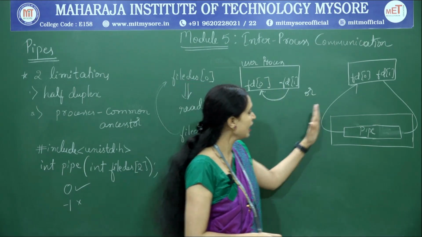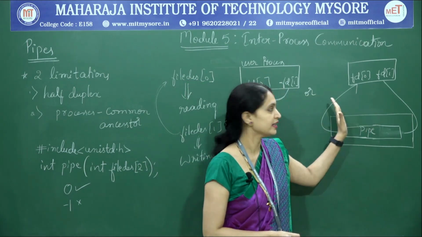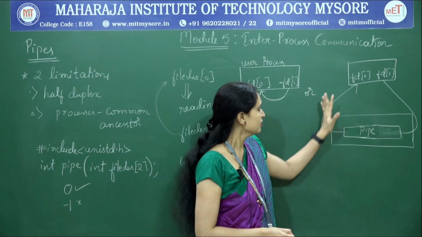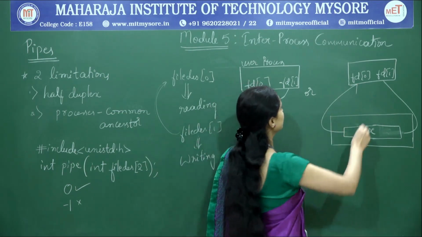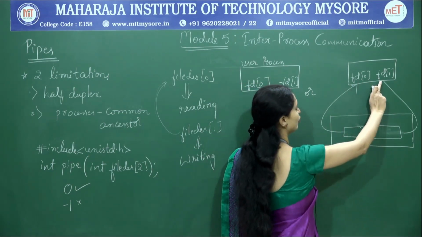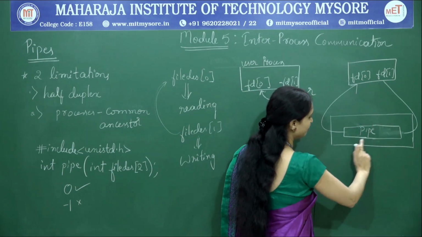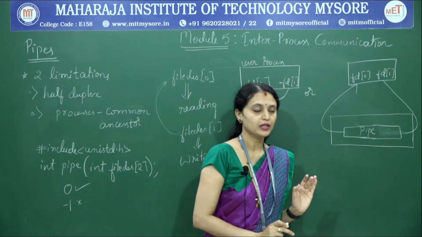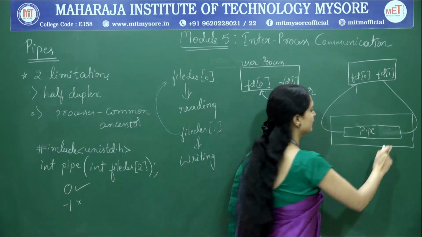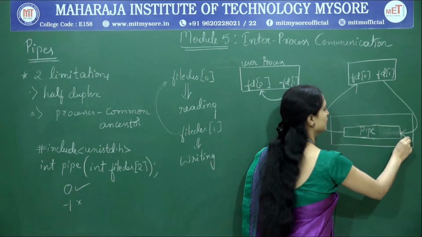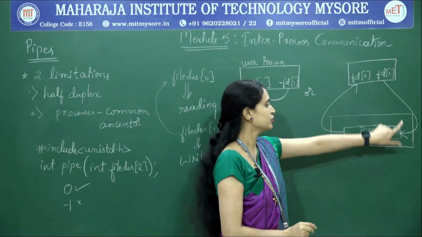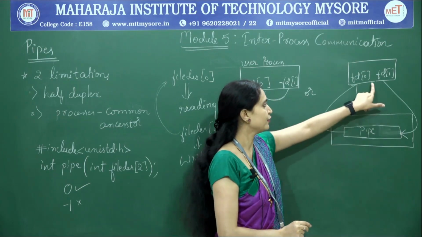Okay. And in the next representation on the right hand side, we have the process. So here fd of 0 and fd of 1, and we have created a pipe here. Okay. So that means the fd of 1 should be the input to fd of 0.